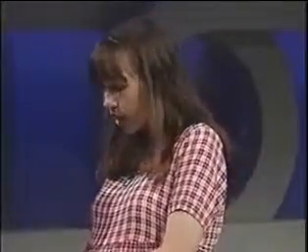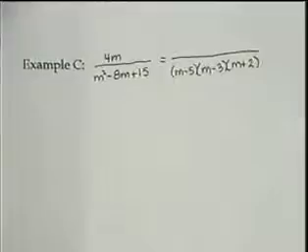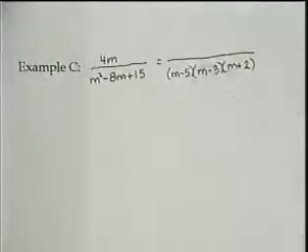So again, when you have these rational expressions, you want to factor first. Okay? So let's look at example C. Example C says let's take 4m over m squared minus 8m plus 15, and I want to know that's equal to what over m minus 5 times m minus 3 times m plus 2.